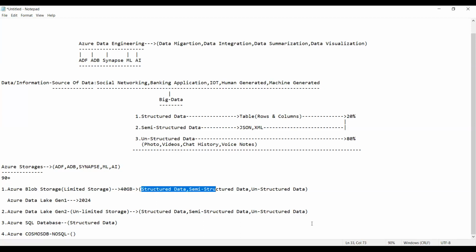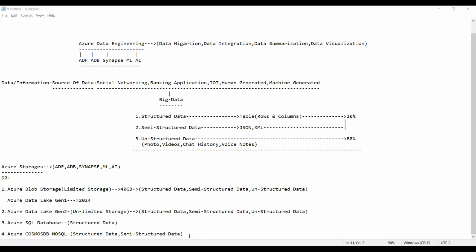It can store two types of data: semi-structured and structured data can be recorded in Azure Cosmos DB, both. That means you can store data in the form of tables, and if you have data in a JSON file or XML file, you can store that in Azure Cosmos DB too.